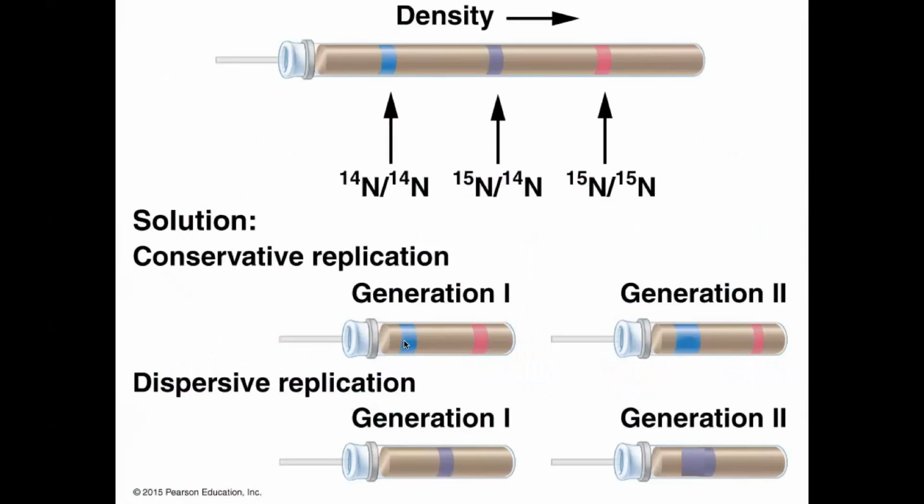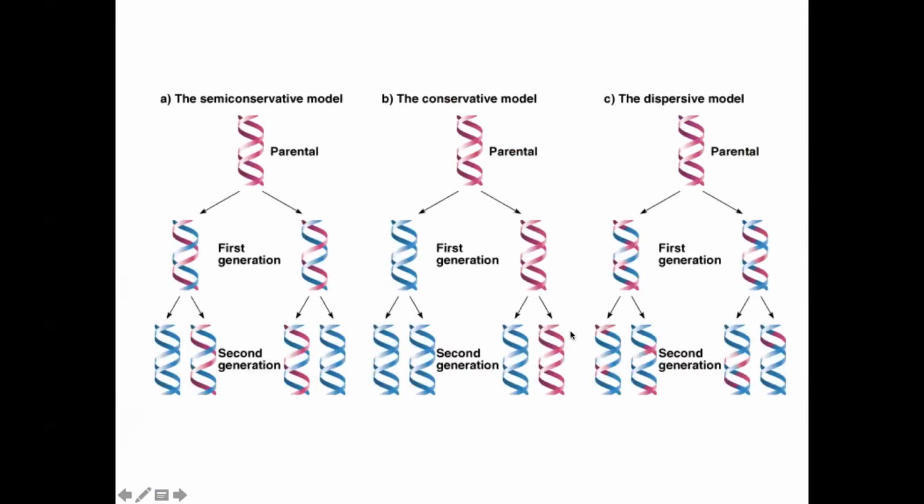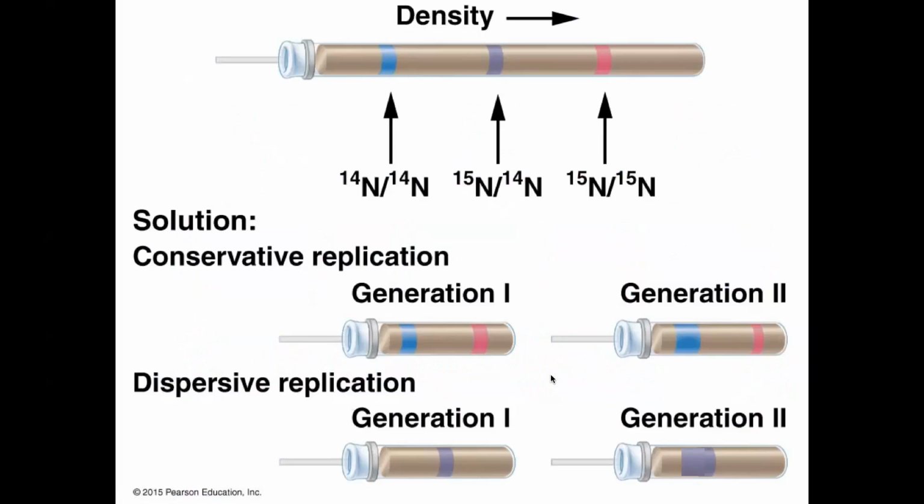After two rounds of replication, using this conservative model, now three quarters of the DNA molecules present in this population are fully N14 labeled, and 25% are fully N15 labeled. So you predict two bands, again, at the bottom of the gradient, the high density, and a band at the top of the gradient, the low density.